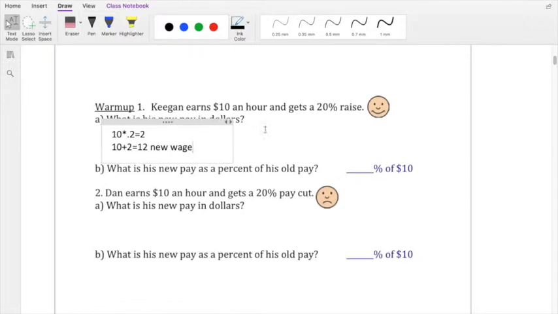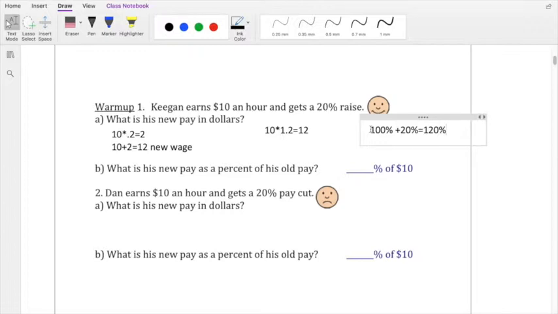But another way I can do this a little bit quicker is if I think about a 20% raise, we know it's 0.2, and it's like 120% then. So I could times by 1.2, and that will give me my 12 right away. So I took 100% and I added 20% onto it, which equals 120%.